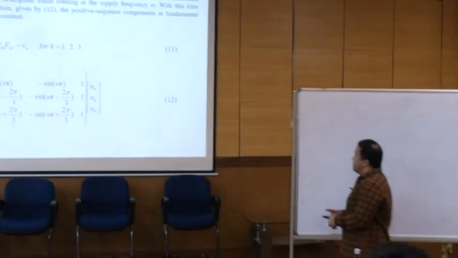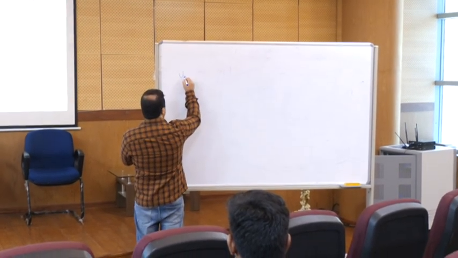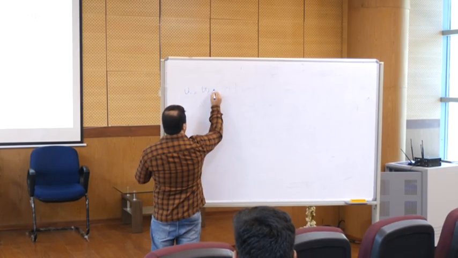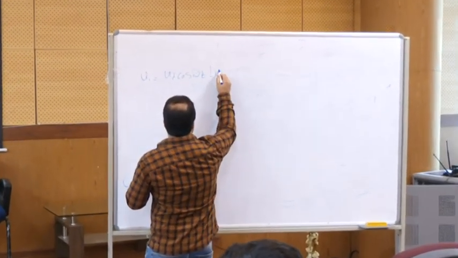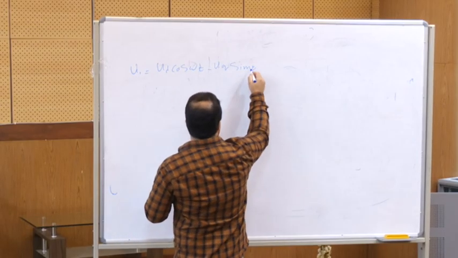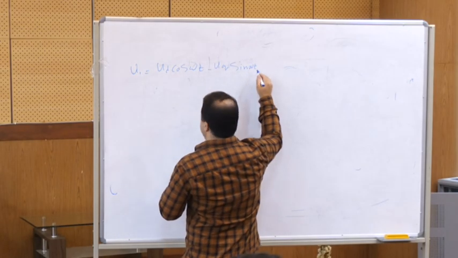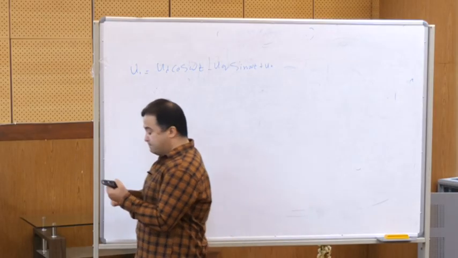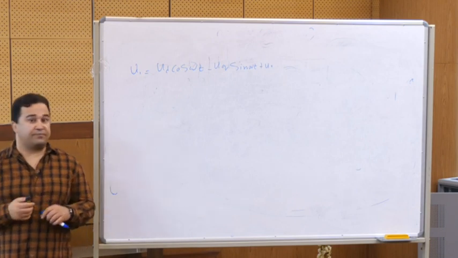So, based on the equation, u1 is equal to u_d cosine omega t minus u_q sine omega t plus 0. Okay? Do you agree? And what is the omega t?